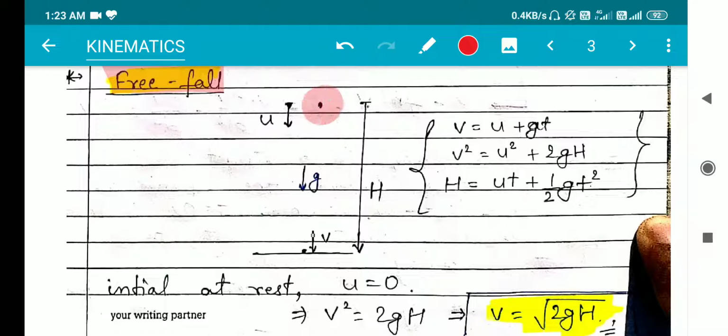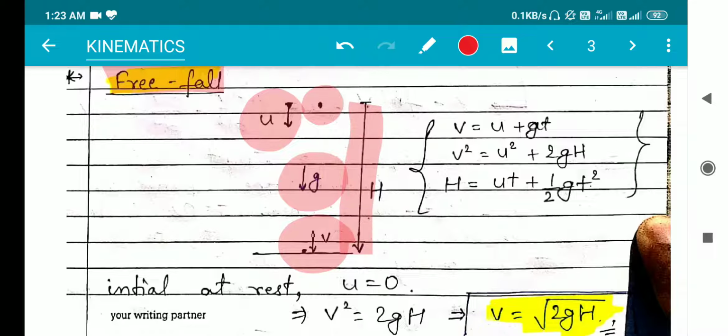This is the position when the ball is being dropped, and at that time the velocity will be u, that is the initial velocity, and the ball will travel with the acceleration g, that is the acceleration of gravity. On the earth the velocity will be the final velocity v, and the distance traveled by the ball is h.